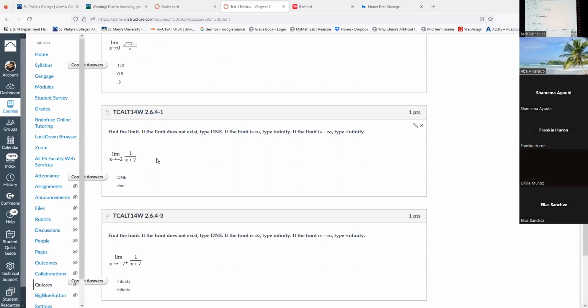You plug in numbers with your calculator, closer and closer to whatever they're talking about from both sides. So you could explain that and show the numbers and explain why it doesn't exist. Or you can graph it and explain why the limit does not go to the same place. Or maybe there's an asymptote and it shoots off to infinity or something.